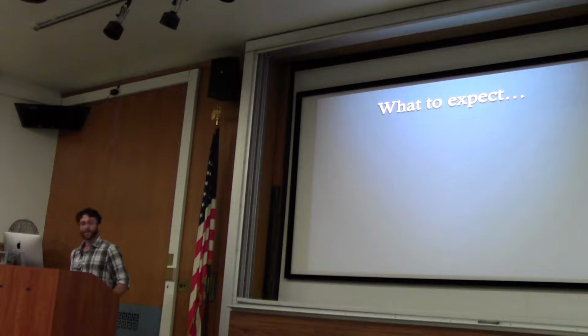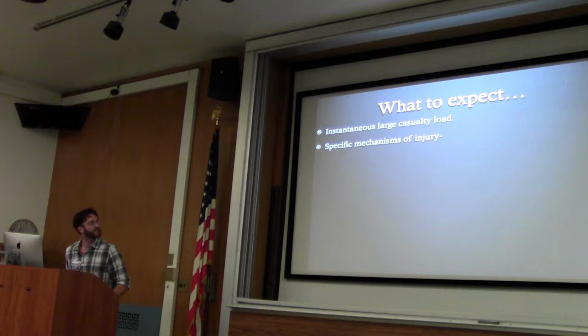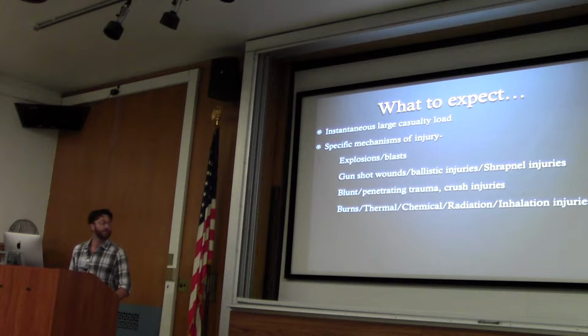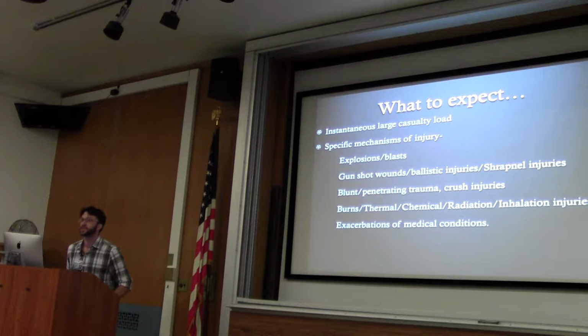But when they do happen, we can expect a large instantaneous casualty load with specific mechanisms of injury. So just to reiterate, explosions, blast, primary, secondary, tertiary, quaternary, and possibly even this quinary blast type injury. Gunshot wounds, ballistic injuries, shrapnel injuries, blunt penetrating trauma, crush injuries, burns, be it thermal, chemical, radiation, inhalation injuries, exacerbations of medical conditions like COPD or diabetics.